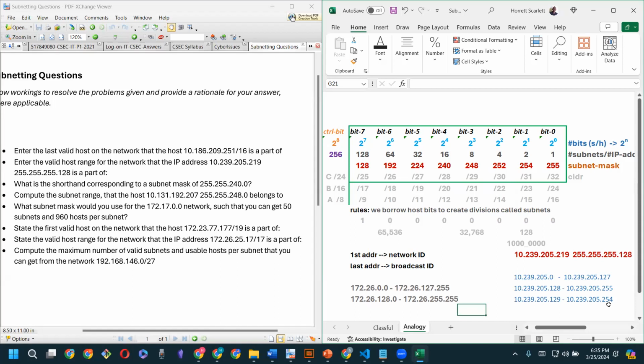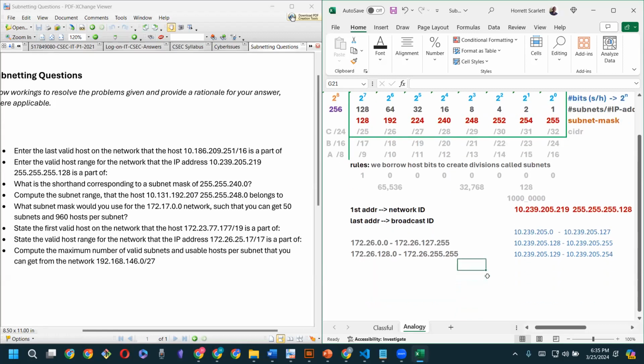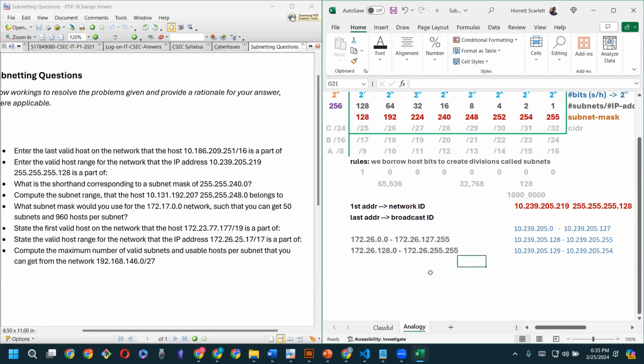Because if we add a 1 to that, 172.26.255.255, then what do we end up with? 172.27.0.0. Exactly. We end up with 172.27, which means we are now in a different network.